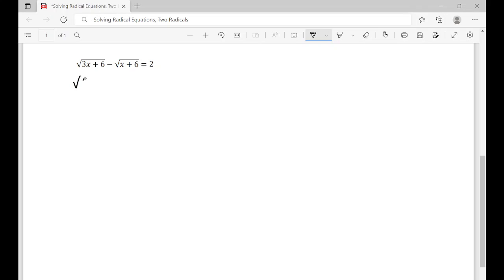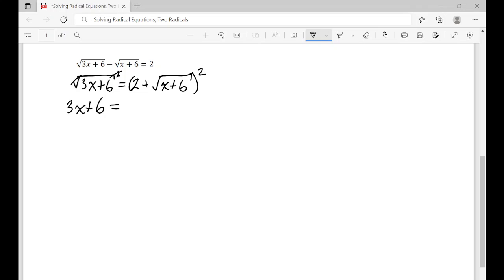So the square root of 3x plus 6 all by itself is going to equal 2 plus the square root of x plus 6. Since this square root is isolated and it has an index of 2, I'm going to square both sides. Now these will cancel, leaving you with 3x plus 6, but the right side needs to be FOILed out or distributed out.